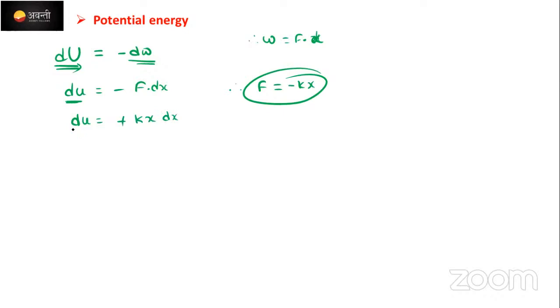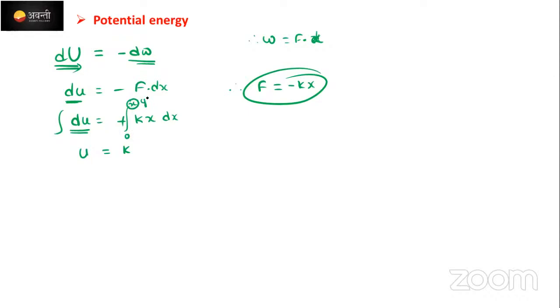Correct? Now you need to find out the total energy, so what to do on both sides? Integrate on both the sides. Then on integrating dU, you will get total energy U is equal to k, and here x is the function. We need to find out the displacement from 0 to the maximum value x, or else y.